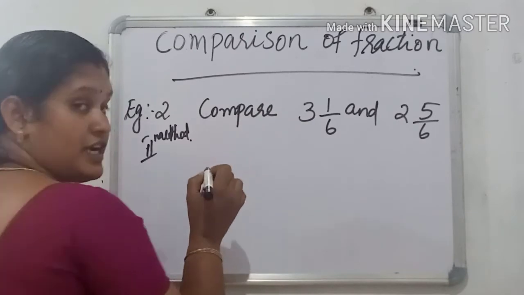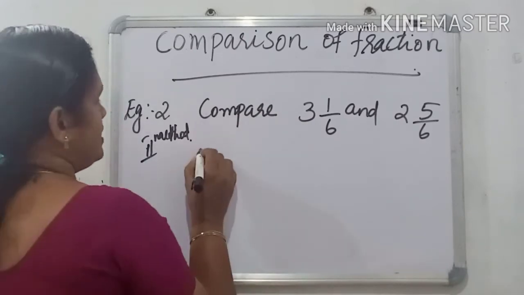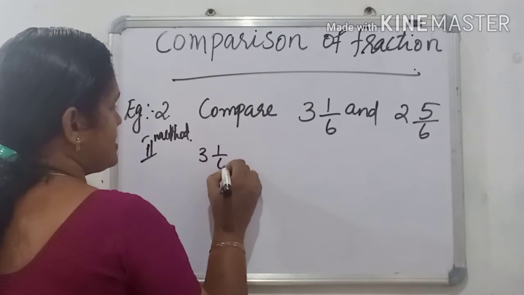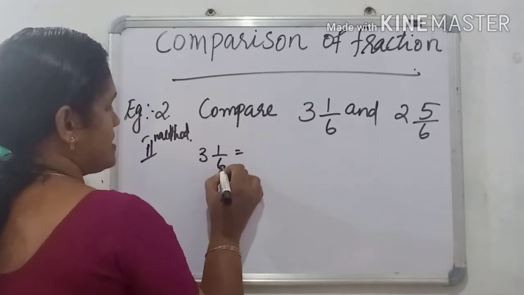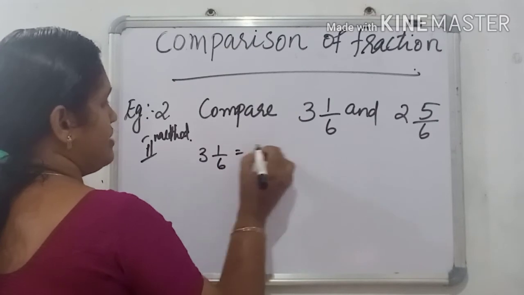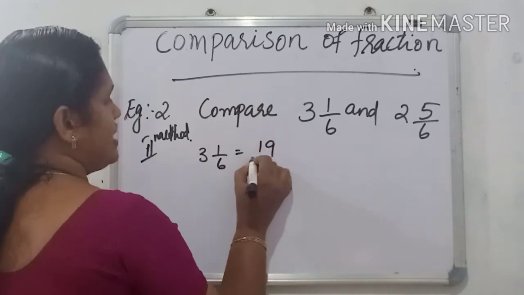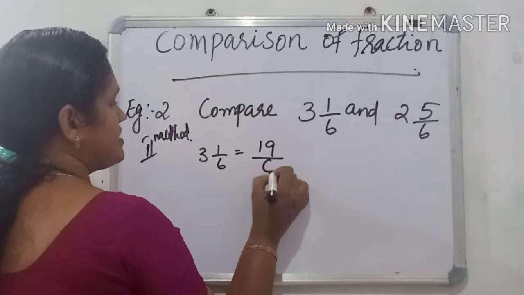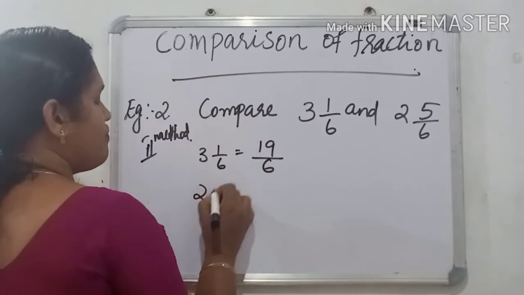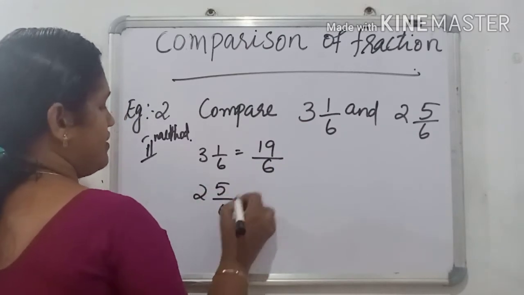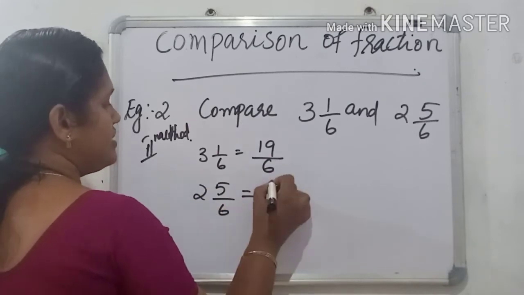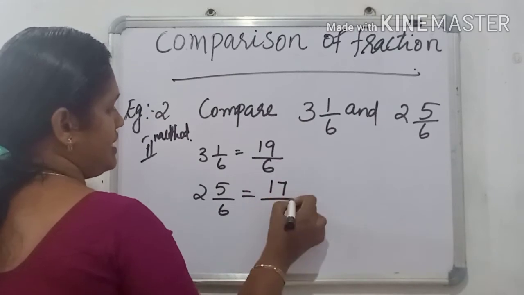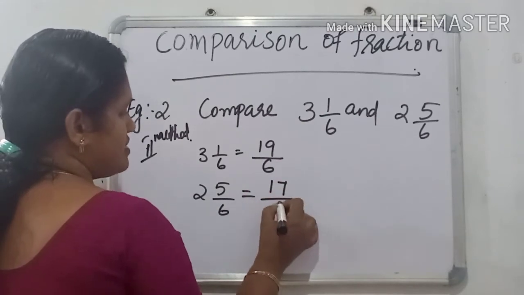How do we convert them into improper fractions? 3 1 by 6 is equal to 6 into 3, 6 3s are 18, 18 plus 1, 19. 19 by 6. Then 2 5 by 6 is 2 into 6, 12, 12 plus 5, 17. 17 by 6.